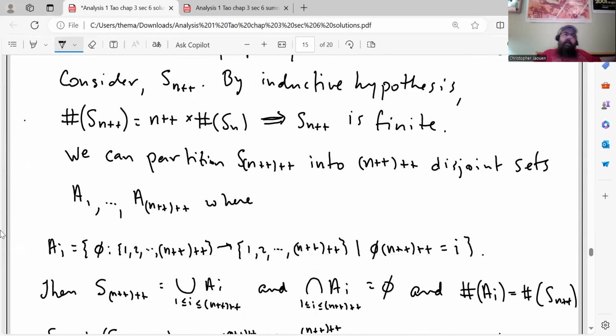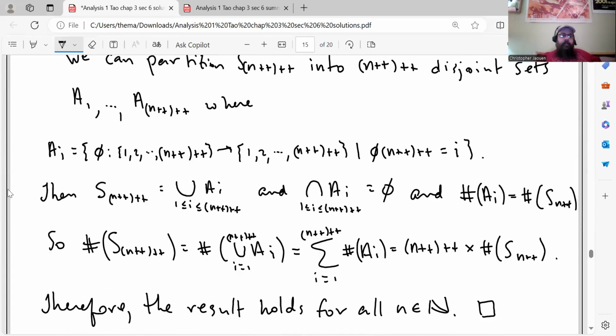All right, and then we can partition the set S sub the successor of the successor of n into the successor of the successor of n number of disjoint sets A1 through A sub the successor of the successor of n, where AI is defined like I have written here.